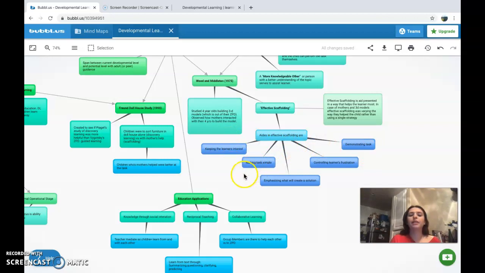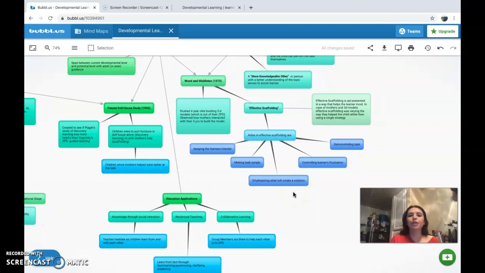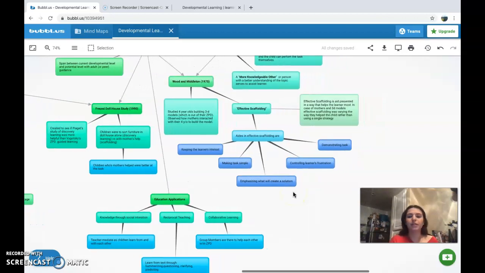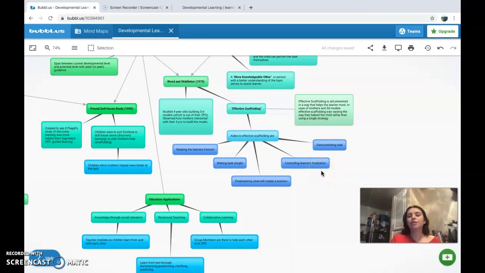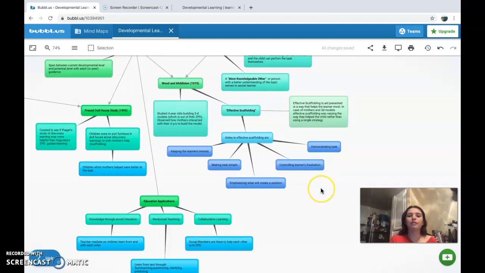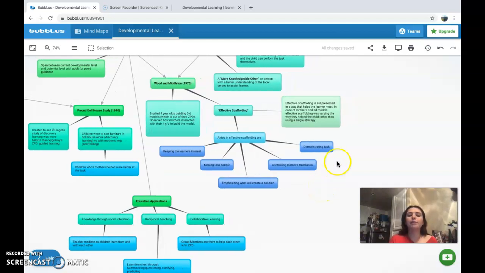I want to make the instructions simple enough that they're not automatically turned off. I want to emphasize a solution or the end goal of this. And either through making it simple or just by positively re-encouraging them, I'm going to control their level of frustration. And when they're really not getting it, I'm going to demonstrate it so that they can see what it's supposed to look like.